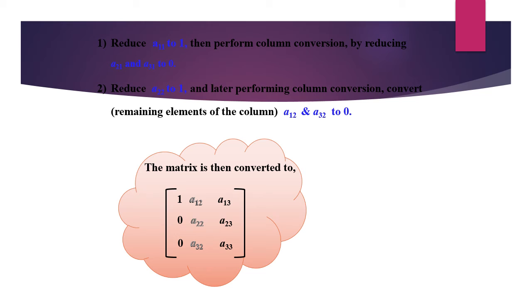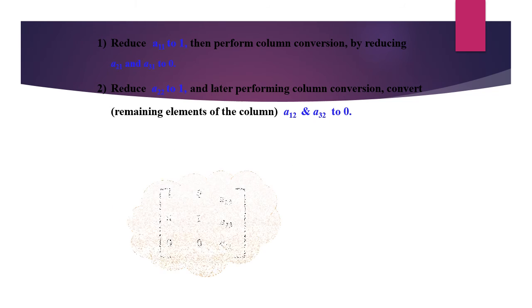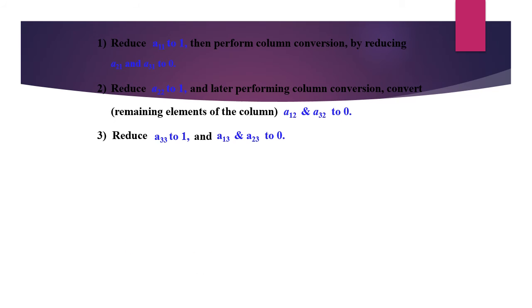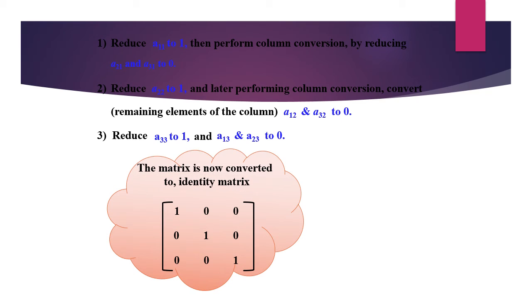We convert it into 1 and use it to convert A12 and A32 into 0. Similarly, for the elements of the third column, we reduce A33 into 1 and we convert the elements A13 and A23 into 0. So the new matrix will be obtained in the form of 1 0 0, 0 1 0 and 0 0 1, which is the identity matrix of order 3 cross 3.